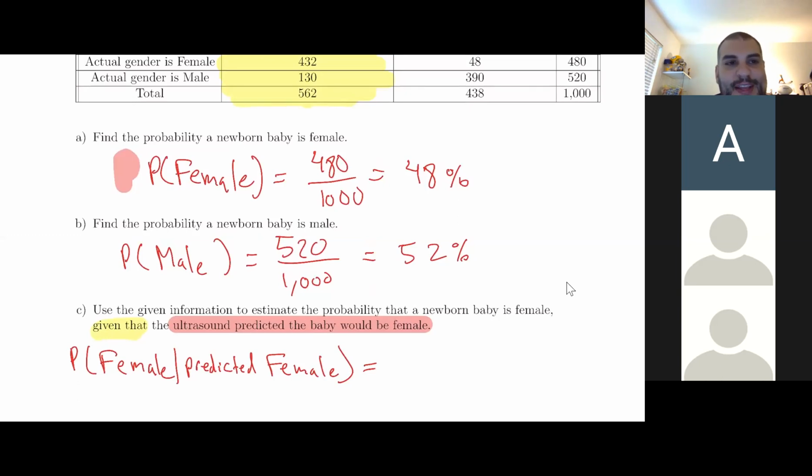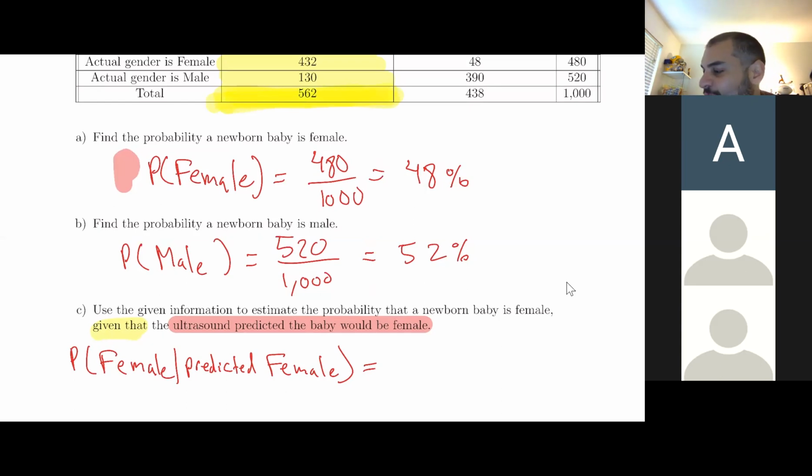So how many babies were predicted to be female? Well, if you look at what I highlighted, you want to use the bottom number. So we actually want to use this one right here, because that's telling you there's 562.